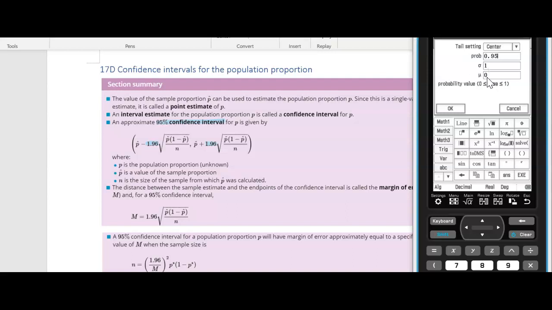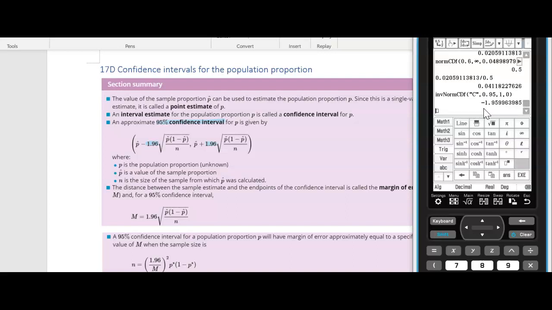Your mean and your standard deviation, we can just leave them as 1, so just a standard normal distribution. And you can see you get negative 1.9599, which is 1.96. That's because the normal distribution is symmetrical, it's going to be plus or minus 1.96.